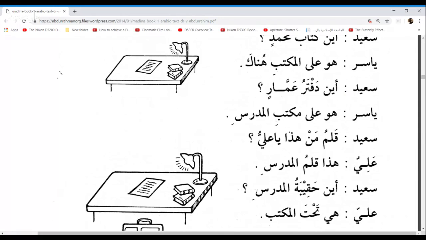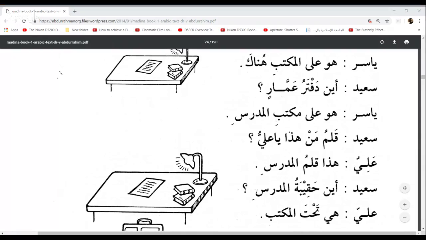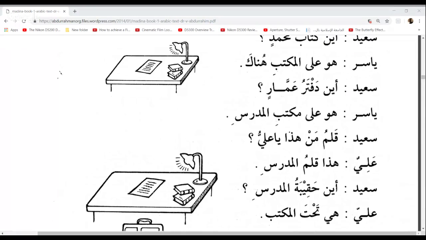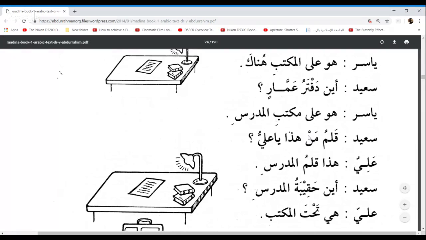أين دفتر عمار؟ Aina Daftaru Ammarin. Can you repeat that, please? أين دفتر عمار؟ That's right. And next one. هو على مكتب المدرس. Good.